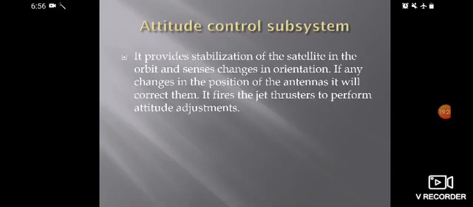I have already told that if there are any changes in our orbit, it has jet thrusters, just like rockets, and it fires them to perform these adjustments. That is done within the attitude control subsystem. Okay, it is clear.